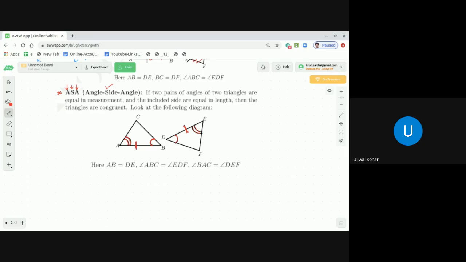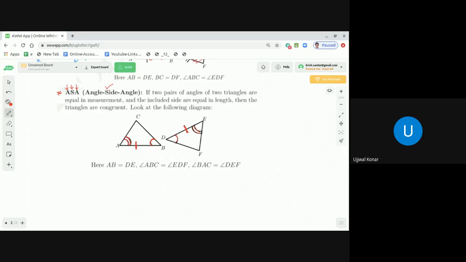When we are discussing ASA, we do not have the measurement of the three sides of both the triangles. What we have is the measurement of the two pairs of angles and a side which is included between them. That's what I am calling limited information. With this limited information, we are concluding they are congruent.